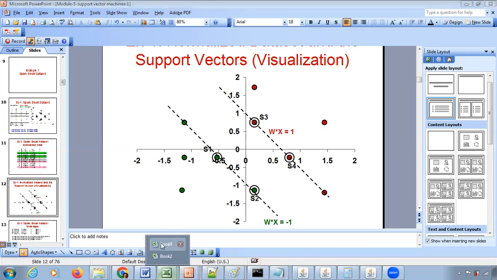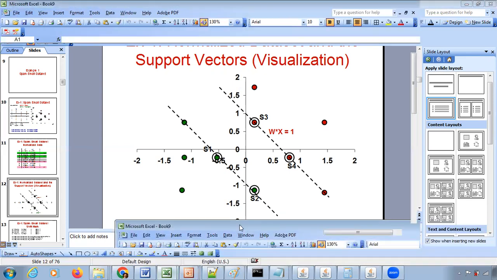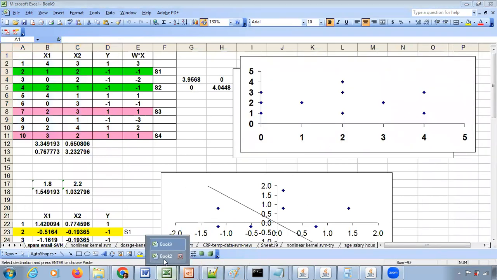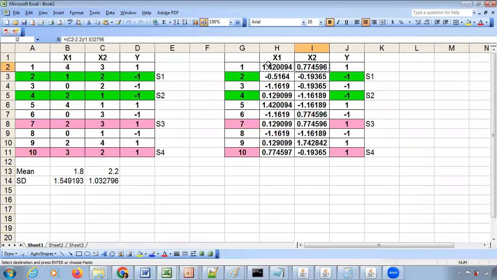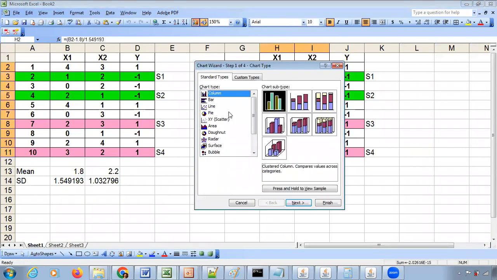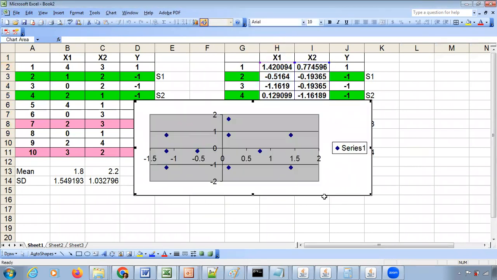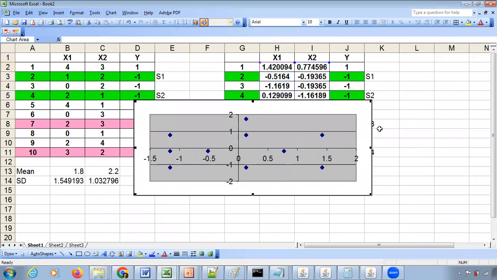So let's visualize this normalized data set. We'll go through an XY plot. That's what we get.